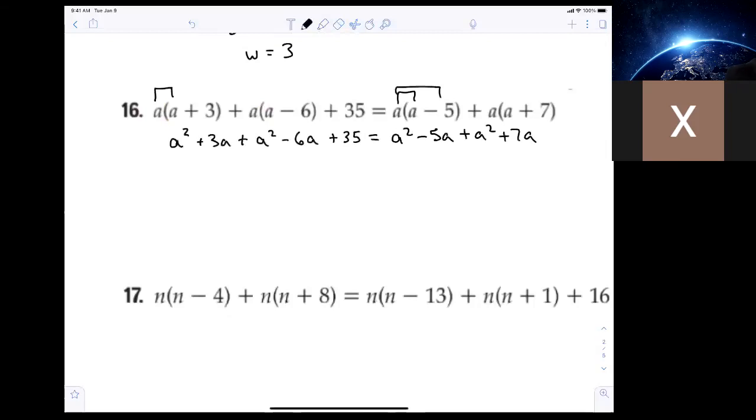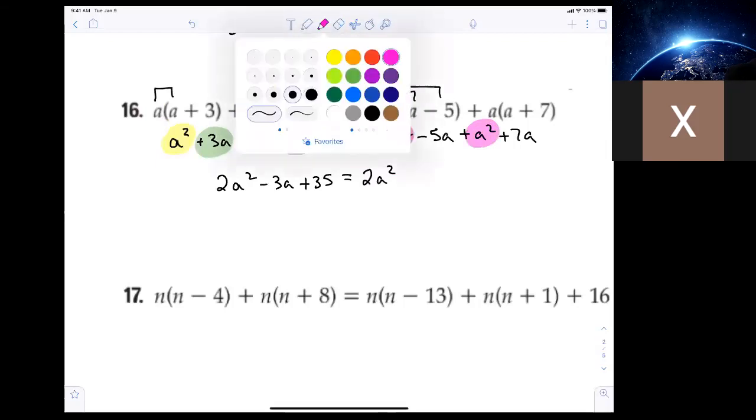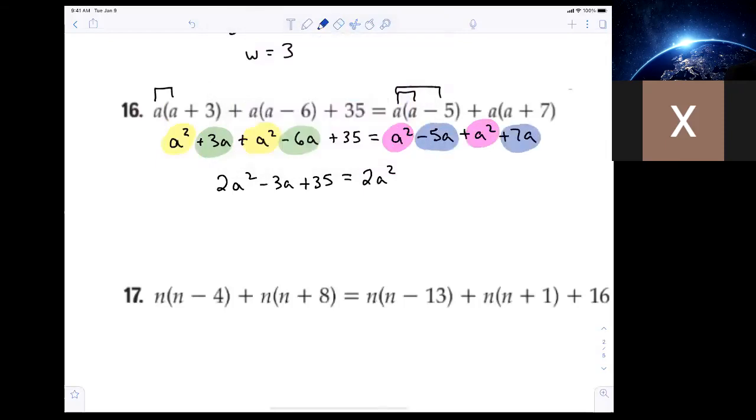There you have it. Now we're going to combine terms here. 3a and -6a is -3a. And on the right side, we have a squared and a squared, which is 2a squared, and then plus 7a.